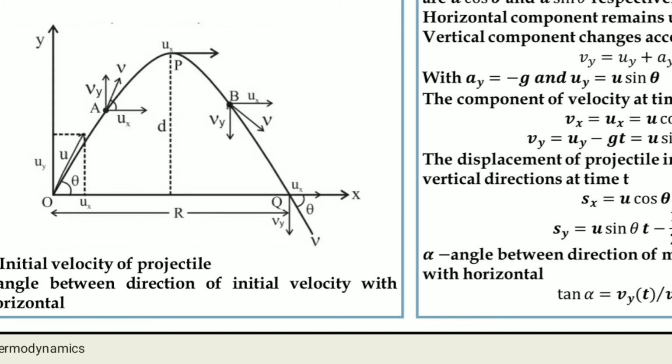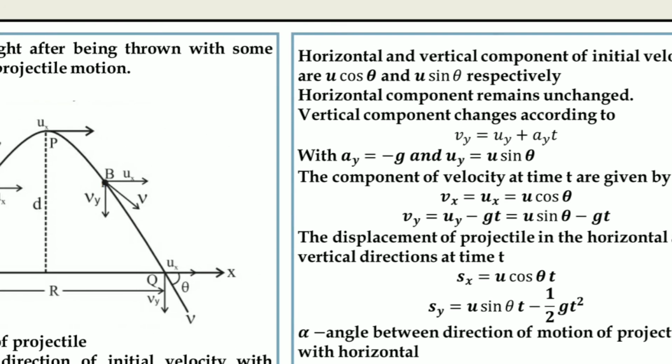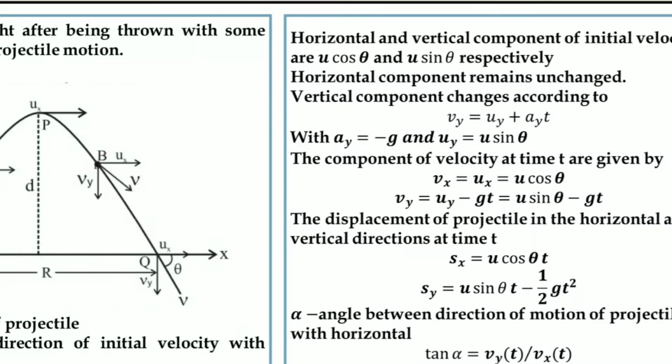Now you can see u bar is the initial velocity of the projectile. Theta is the angle between the direction of initial velocity and the horizontal. Here theta is given. Now the horizontal and vertical components of initial velocity are u cos theta and u sin theta respectively.